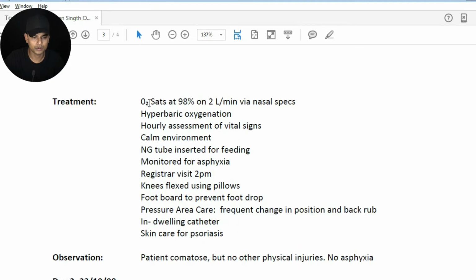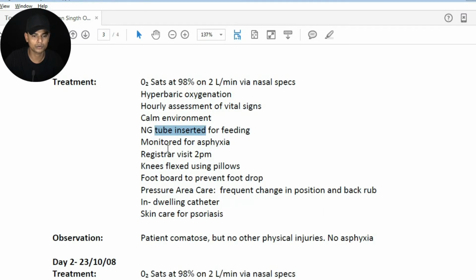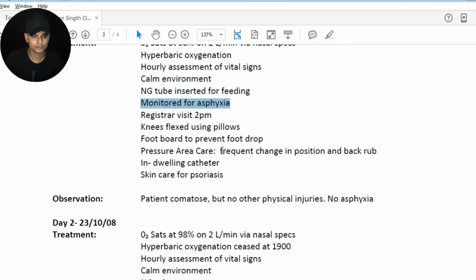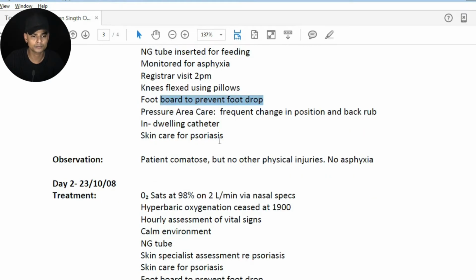All the other things, hyperbaric oxygenation treatment was started. Then NG tube was inserted. He was monitored for asphyxia. Then food board to prevent, we did not write that. Doesn't seem to be that important. Pressure area care was given.